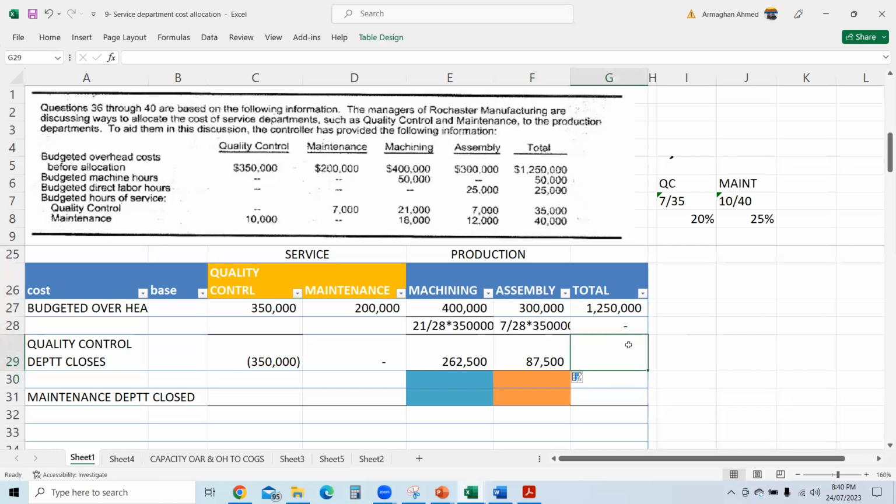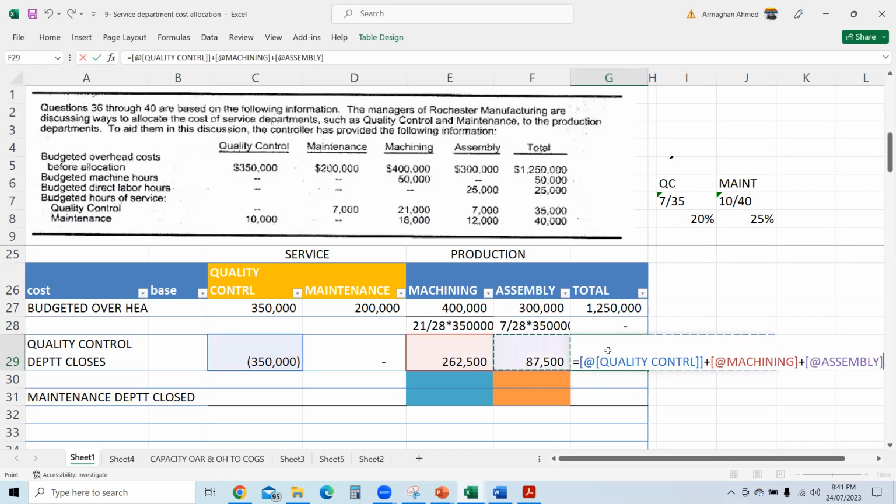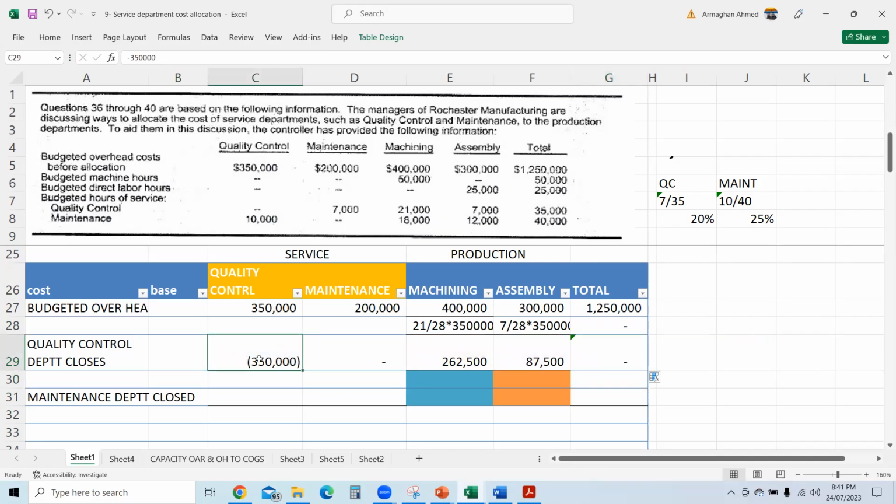Let's check it by totaling everything. Minus 350,000 and plus 350,000 equals 0. Agree?